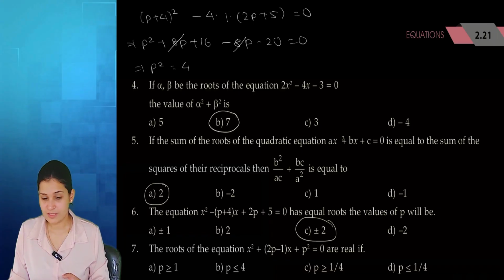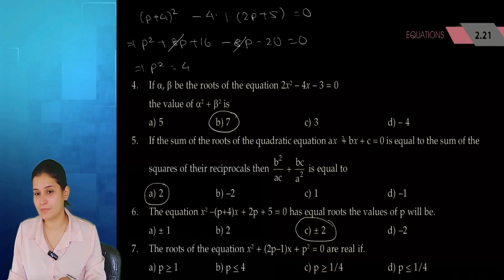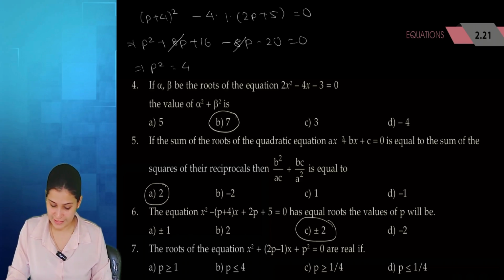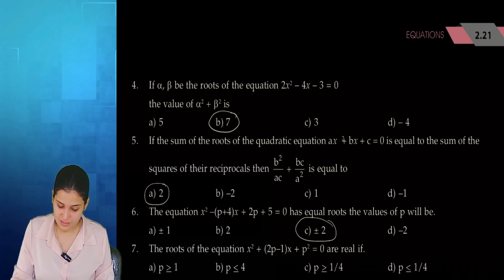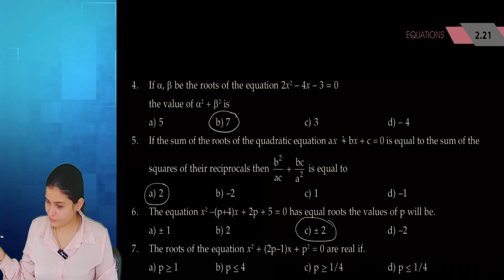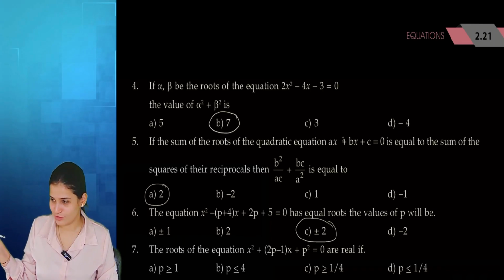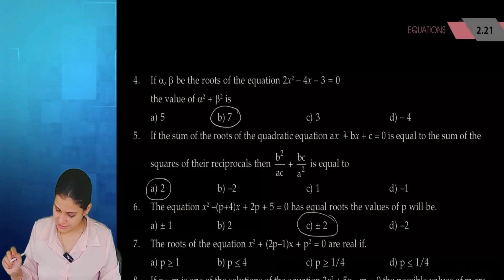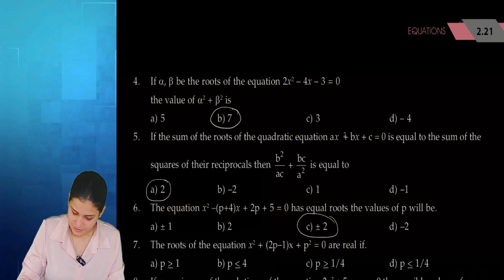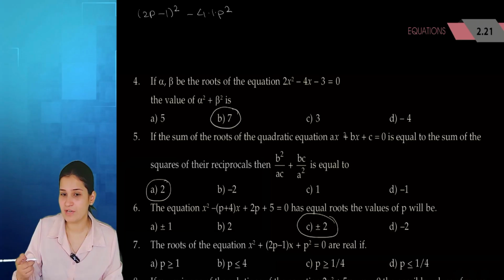Yes. Question number 7, we have done it way too many number of times. Last class also we did, and I said that the question was something wrong. So this was the question that was supposed to be there, which it wasn't. So what would be the answer? Discriminant, b square minus 4ac. The roots being real means we can have one solution also, we can have two solutions also.